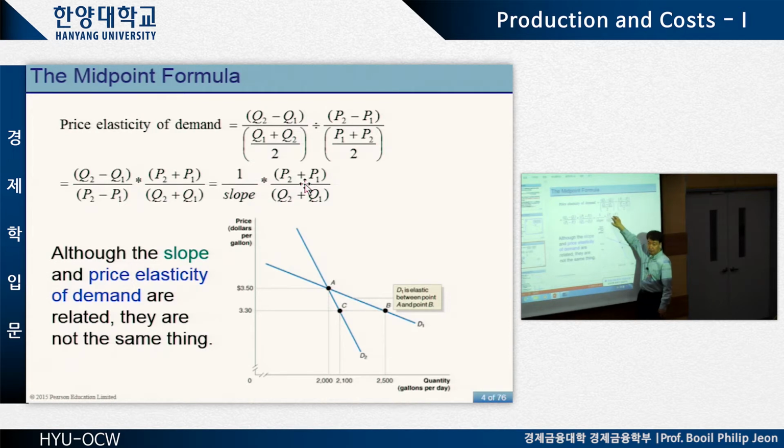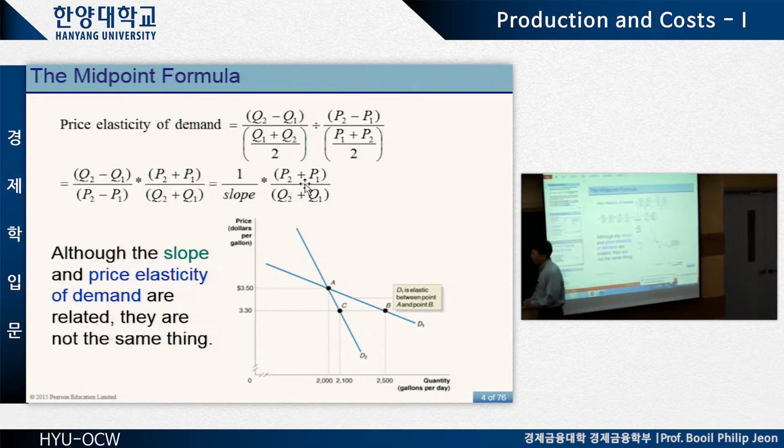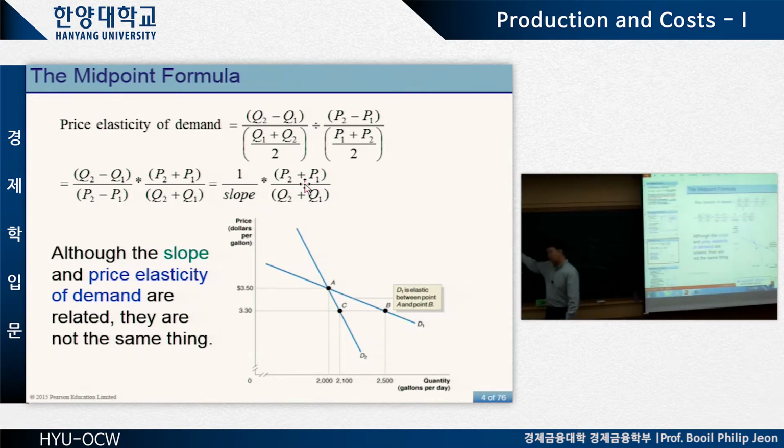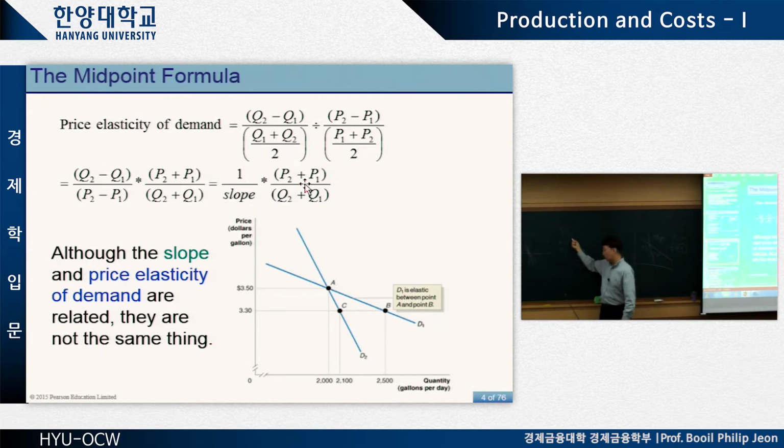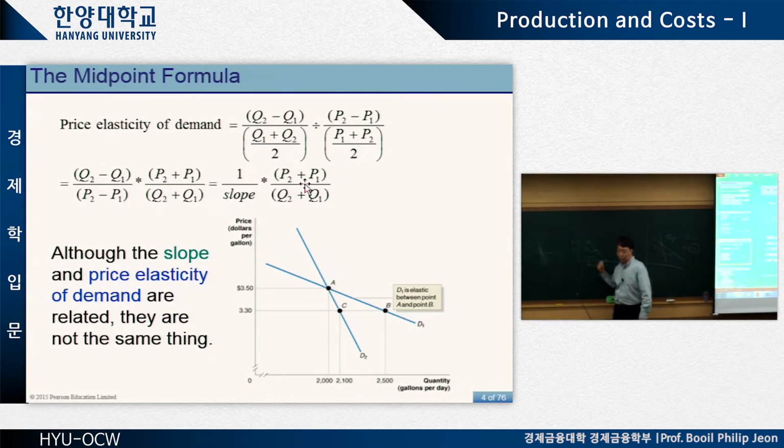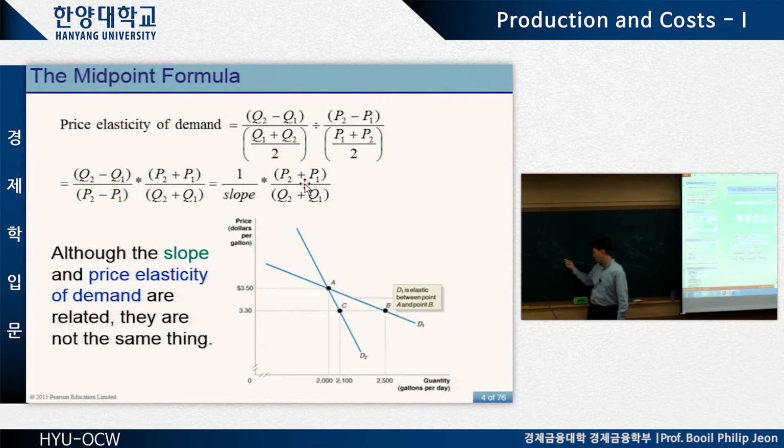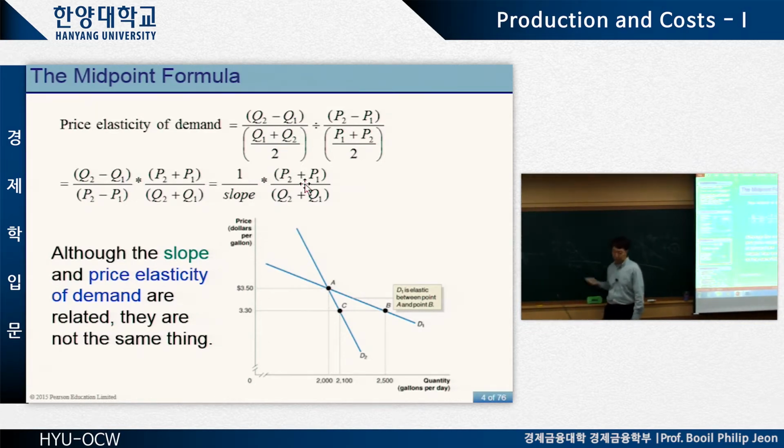And this value is determined by location on a demand curve. If you are on the upper part of the demand curve, you're going to have high P value and low Q value. If you are on the lower part of the demand curve, you're going to have low P value and high Q value. Okay? Make sure you understand that.